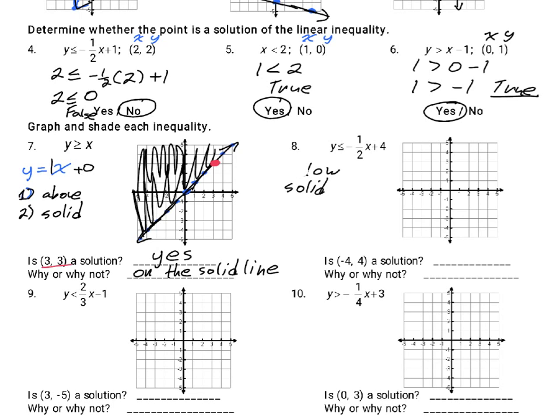So we're going to start with just the plain old line we've got. Negative 1/2 slope. So we know it's going to be a solid line. I'm going to shade below it.